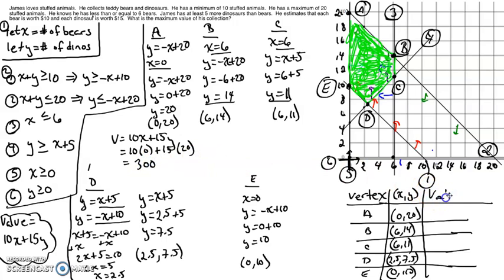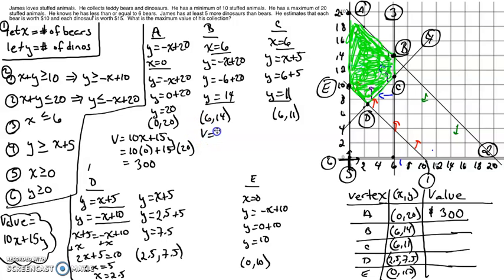So our value, that'll be our last column here, is $300. What this means is if he collects 0 bears and 20 dinosaurs, which is one possibility because it exists in our polygon of constraints, his collection would be worth $300.